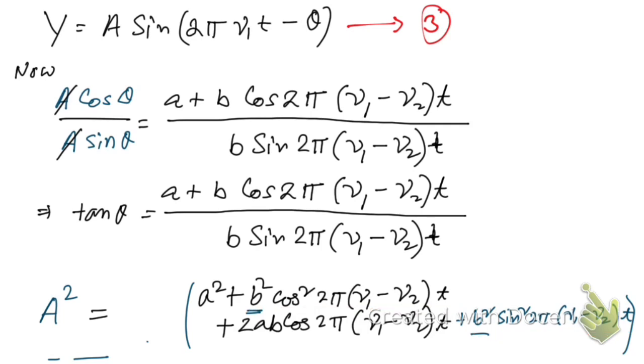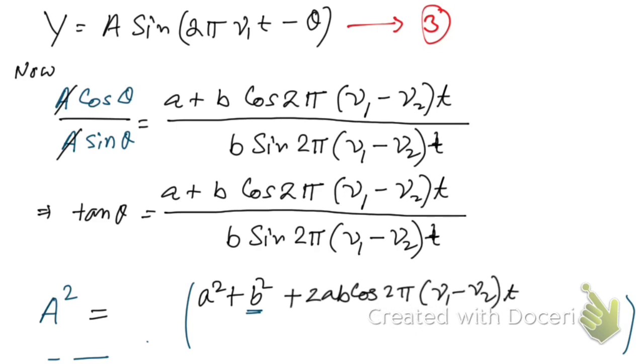So on taking b square common, within the bracket we have cos square 2 pi (nu 1 minus nu 2) into t plus sine square 2 pi (nu 1 minus nu 2) into t.